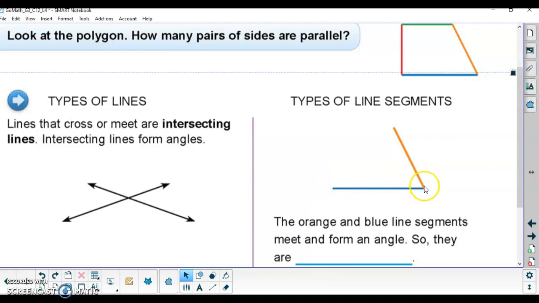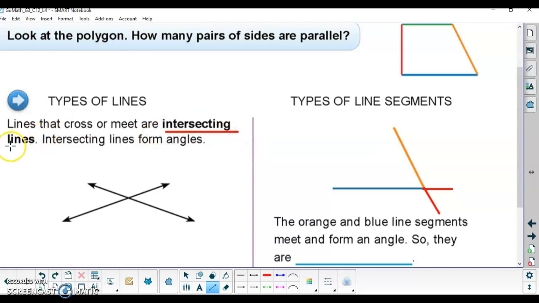And notice that if they continued on, if I continued these lines, they would cross each other. So when lines continue on and they cross each other, they are called intersecting lines.